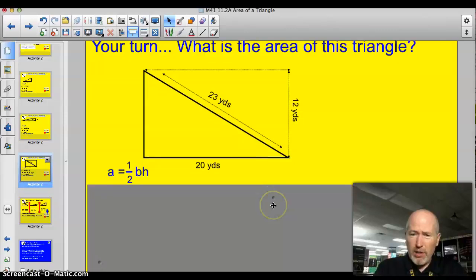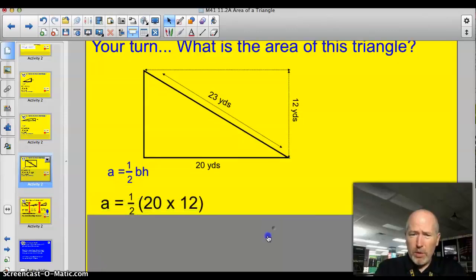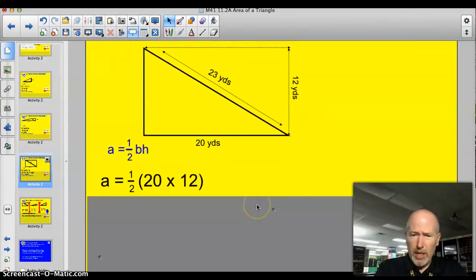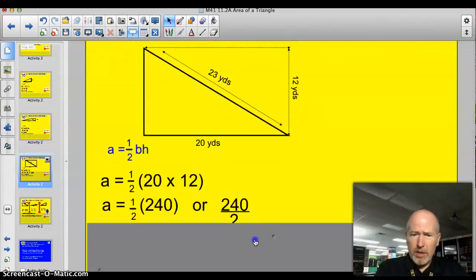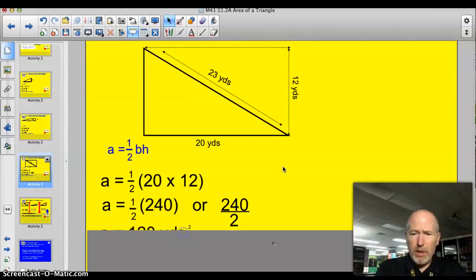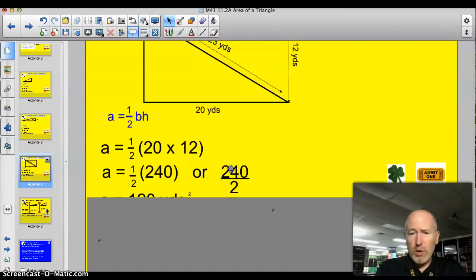If you calculated it correctly, you would have had 1 half of 12 times 20, or 20 times 12, the base times height. That is equal to 240, 1 half of 240. Or, if you'd like to think of it as 240 over 2, you could think of it that way too.